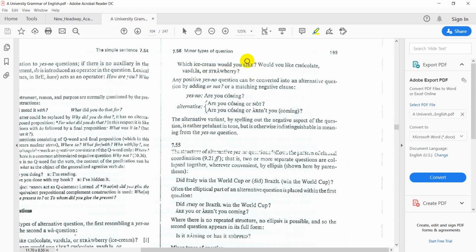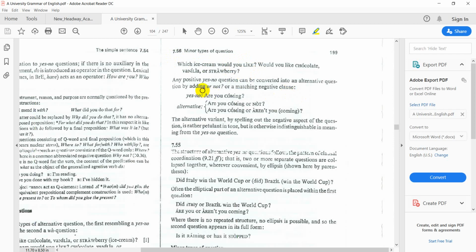Which ice cream would you like? Falling intonation. Which ice cream would you like? Question mark. Would you like chocolate, vanilla, or strawberry? There is no need to repeat ice cream here since I stated it previously. So I mix the two, I combine the two types together.